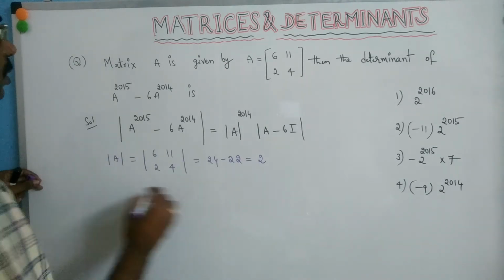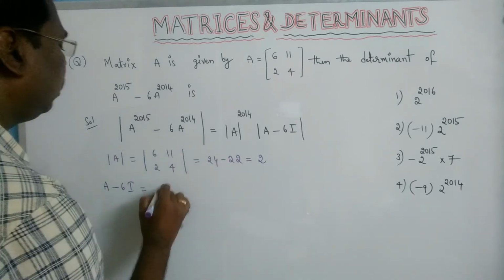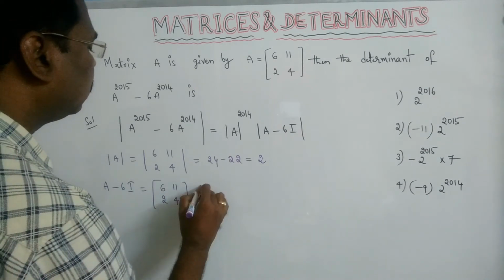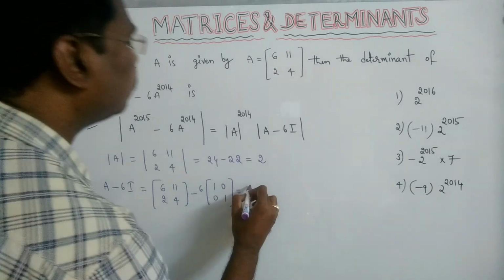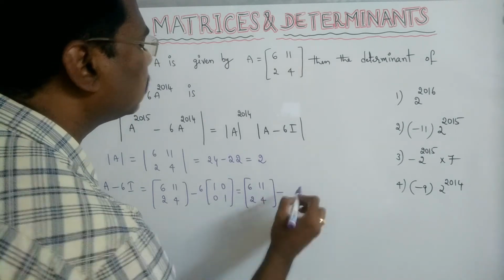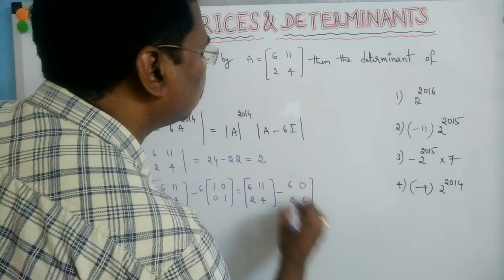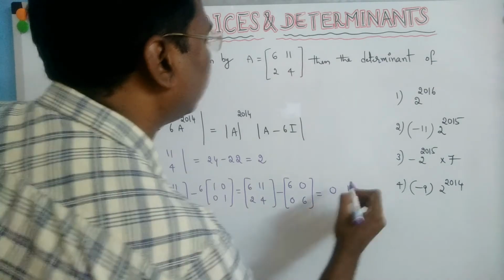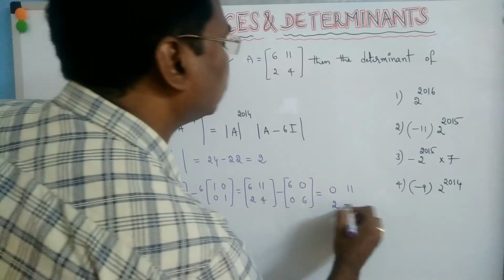Next, to find A minus 6I: A value [6 11; 2 4] minus 6 into [1 0; 0 1] is equal to [0 11; 2 -2].